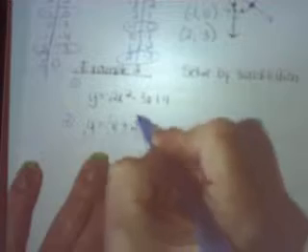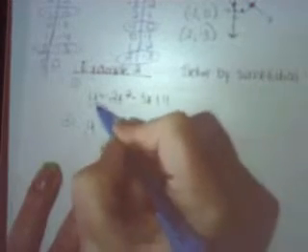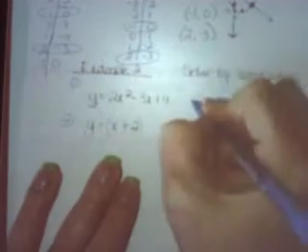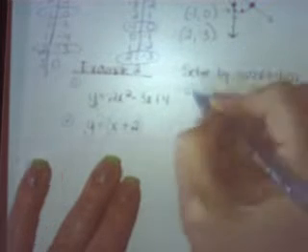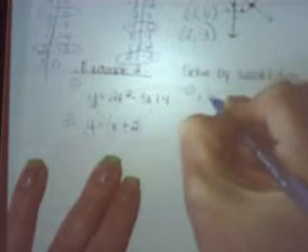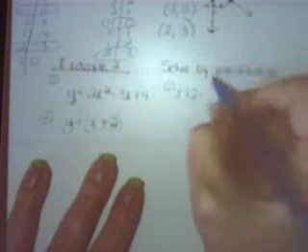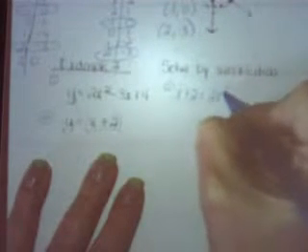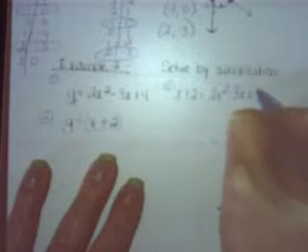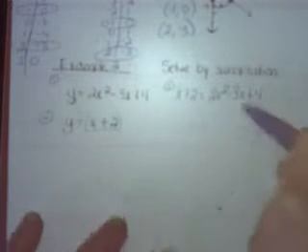Since y equals x plus 2, I'm going to plug this x plus 2 in for the y in equation 1, so I get x plus 2 equals 2x squared minus 3x plus 4.